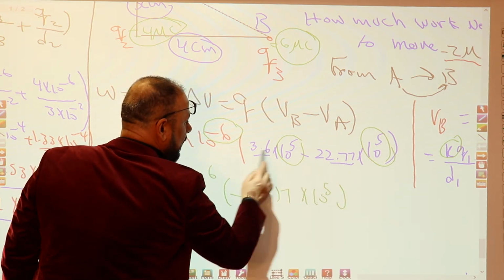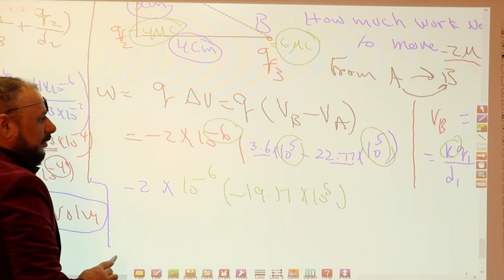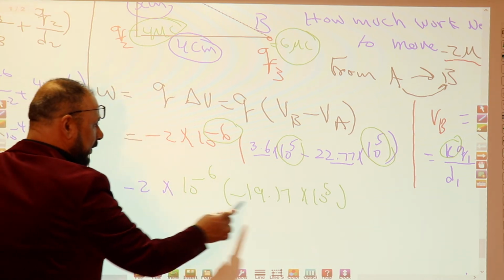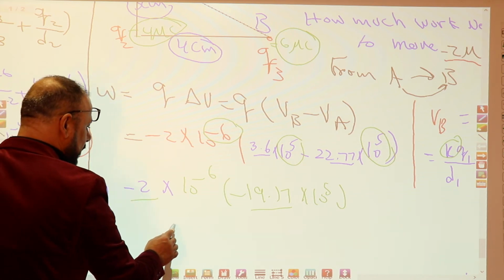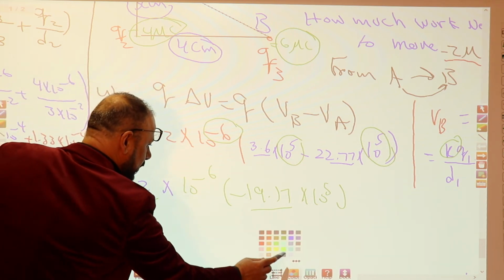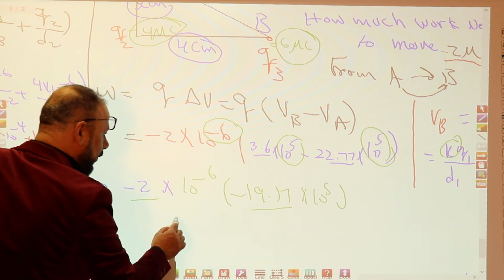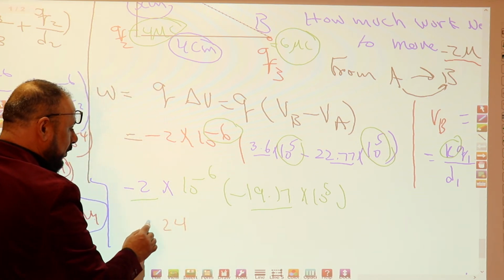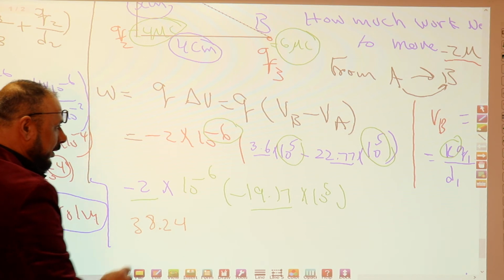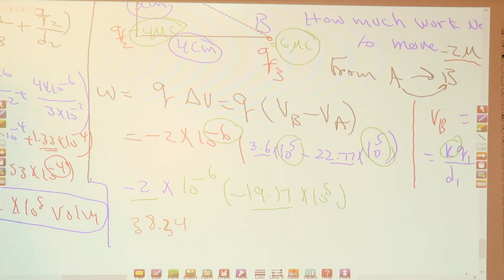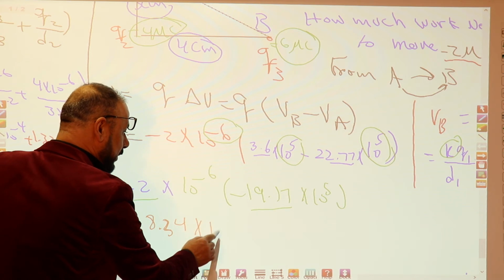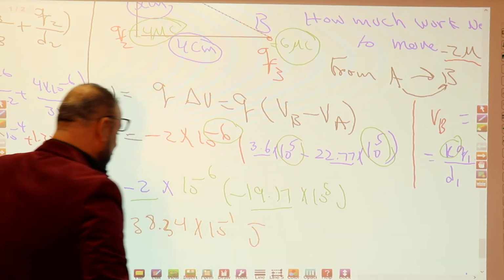Then you multiply this guy by this guy. Negative and negative is positive, and this is 38.34 times 10 to the negative 1 joule.